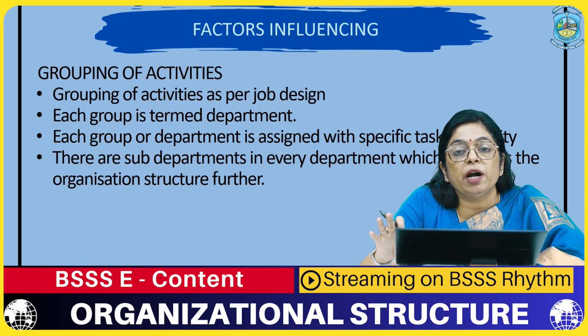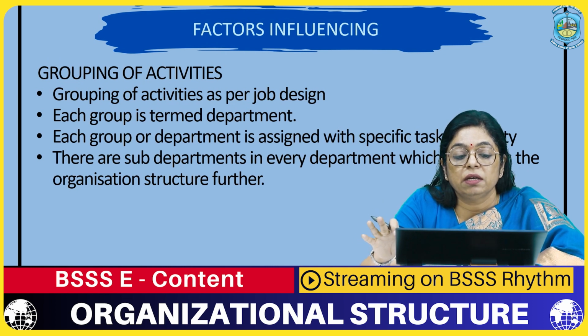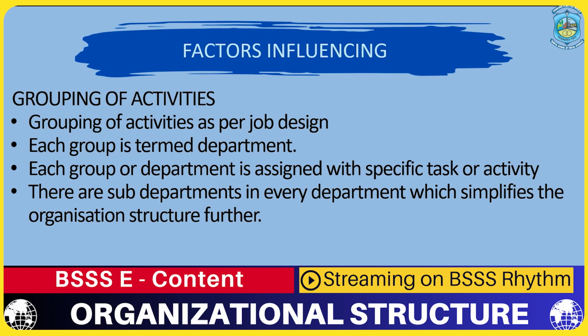Each department performs a specific activity or task. So organization structure helps in simplifying the task by distributing the activities according to groups. If you have a larger number of groups, the work becomes easier.